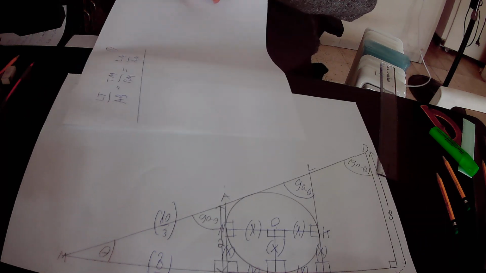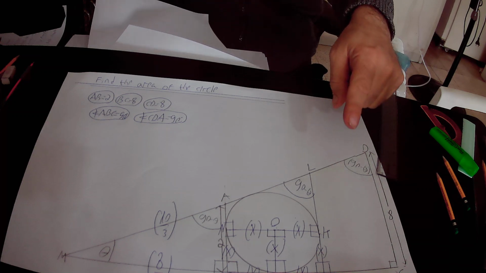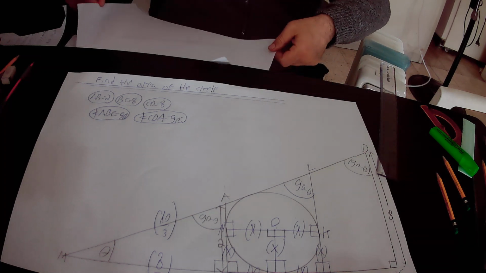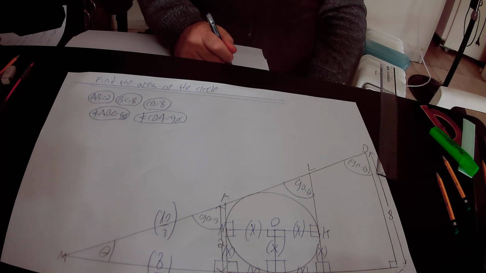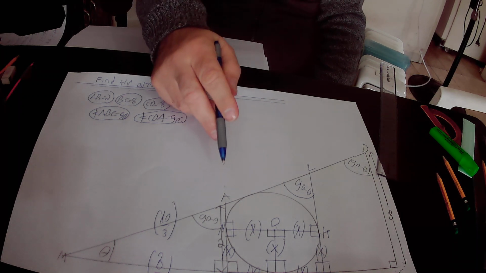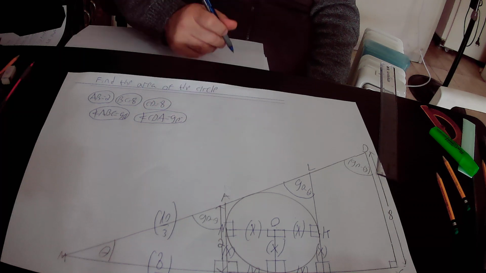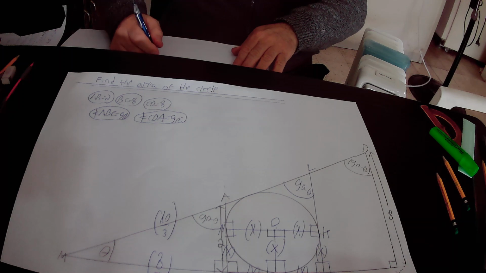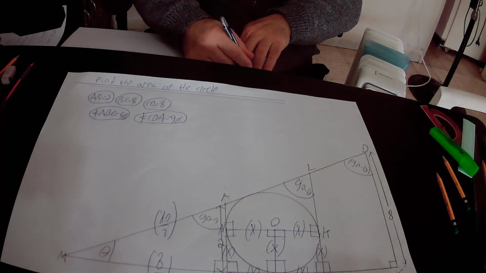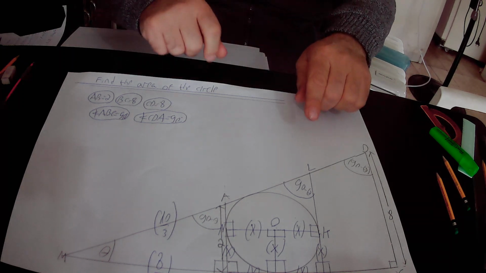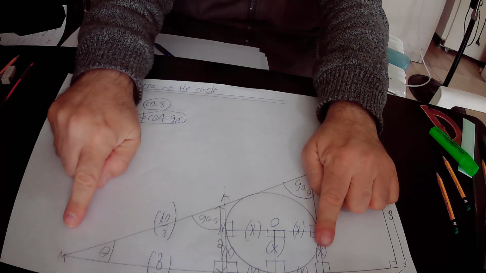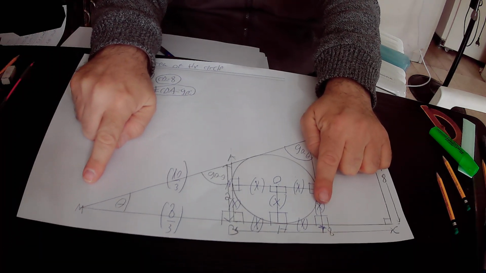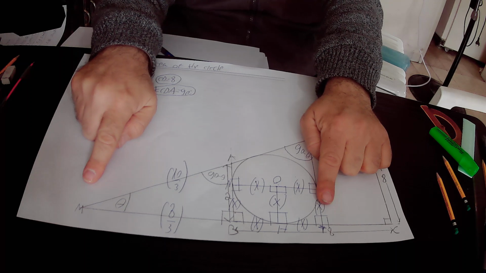Here we have side LT as the missing side, so we leave it as it is, over AB. AB equals 2, so we substitute AB by 2, and it equals side TM. From the drawing, it is very easy to see that TM equals TB plus BM.